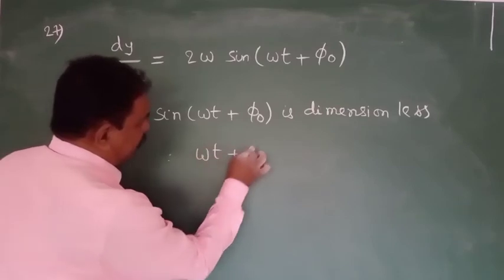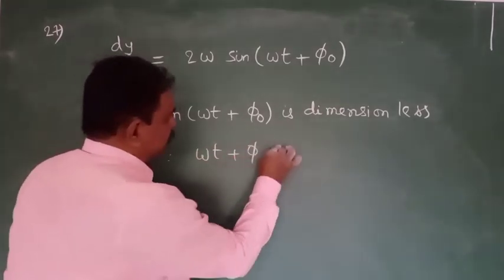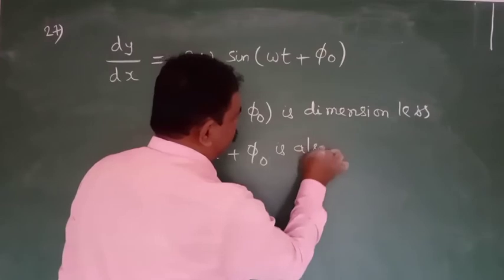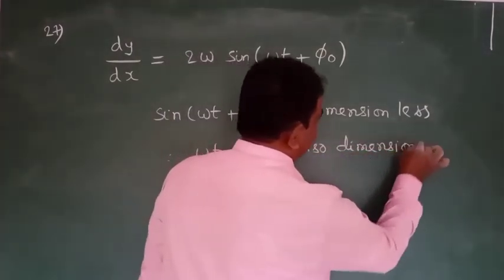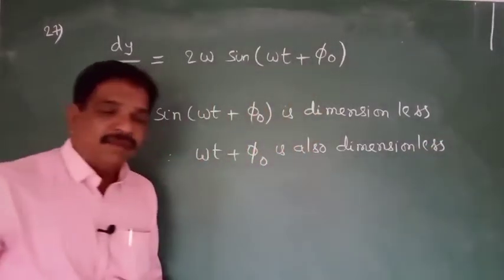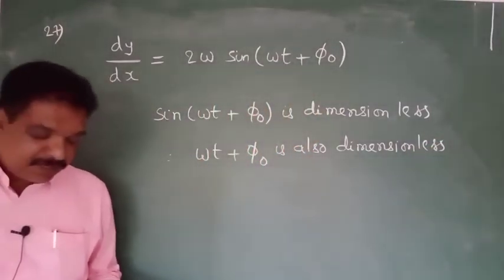Therefore, omega t plus phi naught is also dimensionless. So what is the answer?